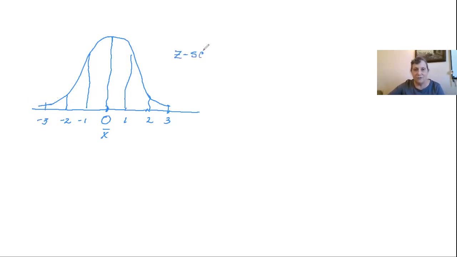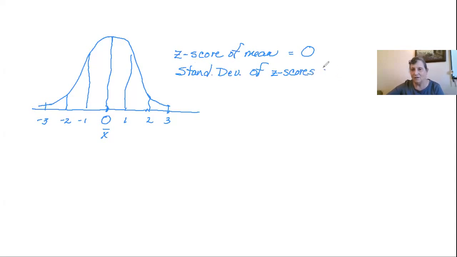So the Z-score of the mean is going to be 0. And the standard deviation of stuff that's been standardized as Z-scores would be 1.